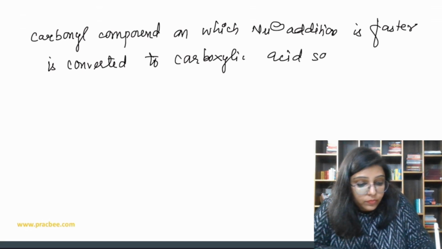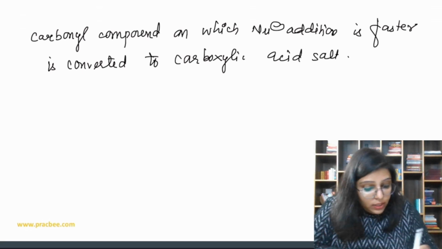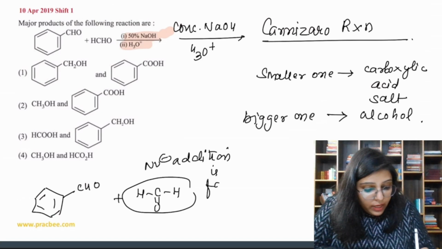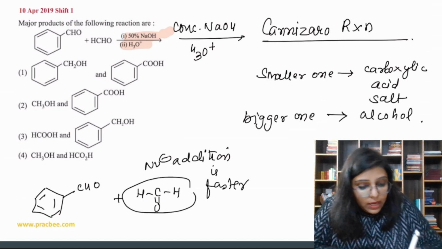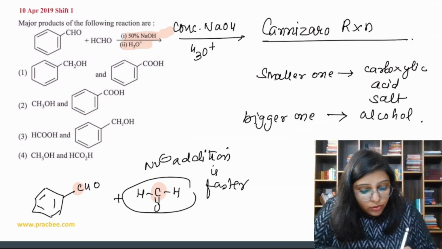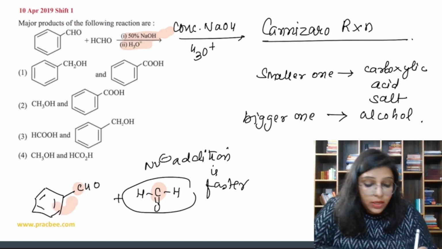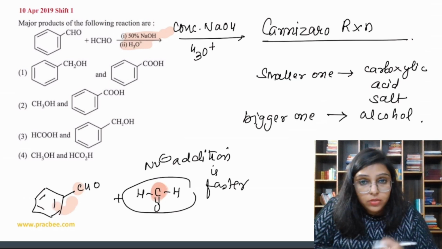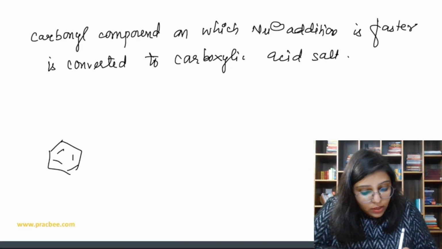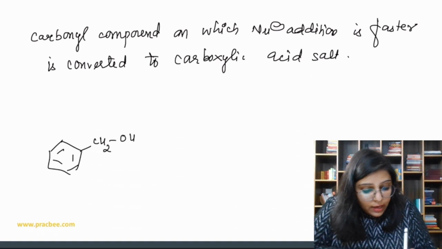Okay? So see, in this, nucleophilic addition is faster, right? Why? Because this carbon is more electrophilic. This carbon takes electron from the benzene ring, but in this we do not have any electron releasing group. So here what do we get? This one is converted to alcohol and another one is converted to carboxylic acid salt.